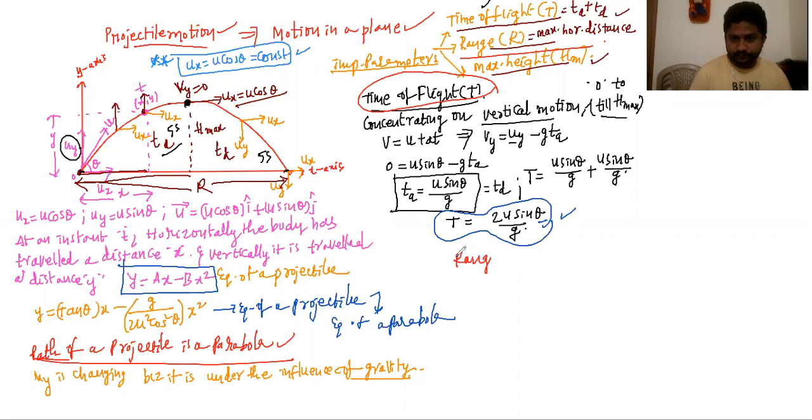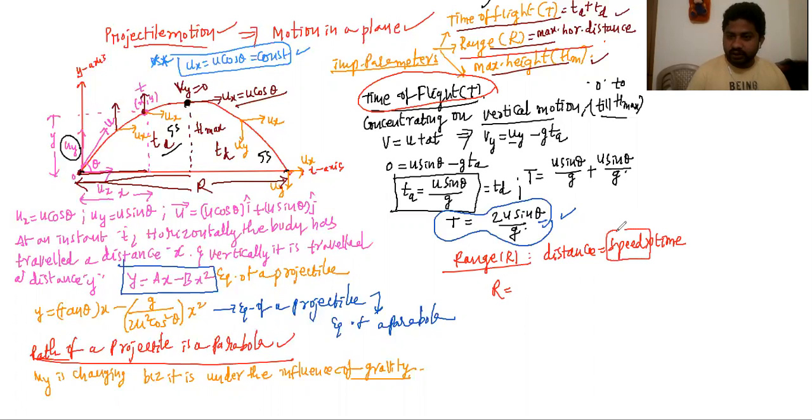Range is the maximum horizontal distance. Distance is equal to speed into time. So range is equal to speed into time. What is the speed?